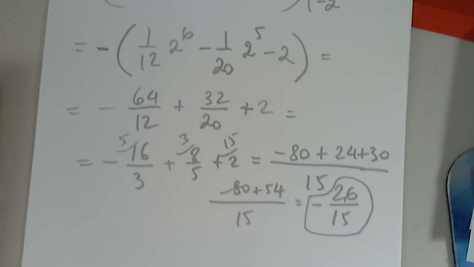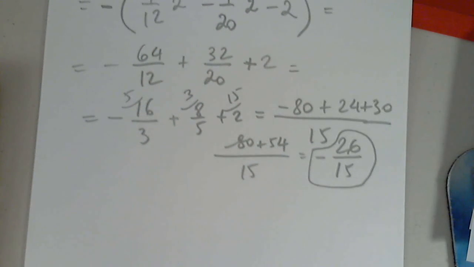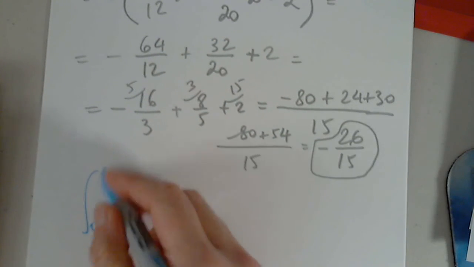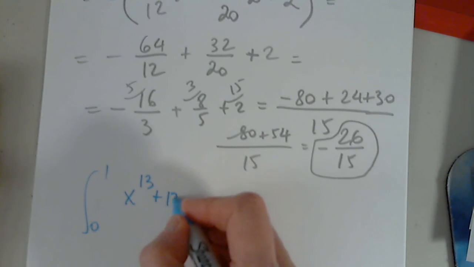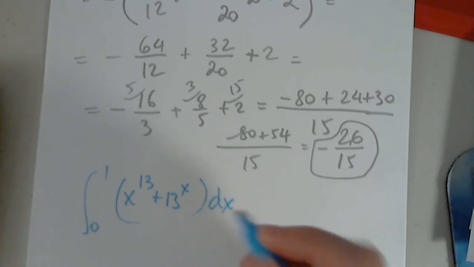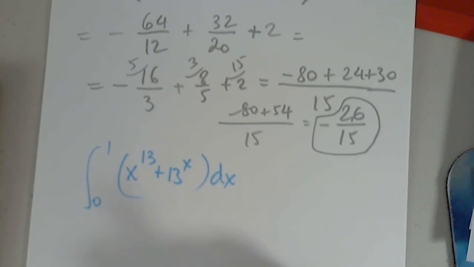I have another question for the same section, number 12. Yes. 10, 11, 12. I see it. So the integral from 0 to 1, I think it's x to the 13th plus 13 to the x dx. Yes. Okay, perfect.